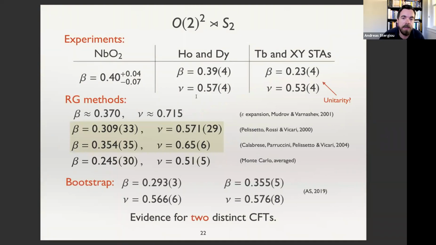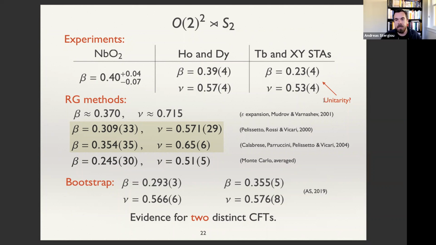Okay, so let me summarize here the results I have shown you so far. So niobium dioxide is supposed to have this beta. Holmium dysprosium have this beta and nu. This is from some experiment. They didn't measure nu. And terbium and XY stack triangle, I averaged them basically to these numbers over here. Just took those tables from before and averaged things.